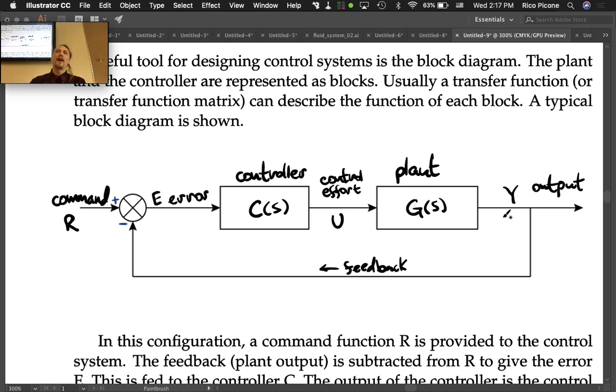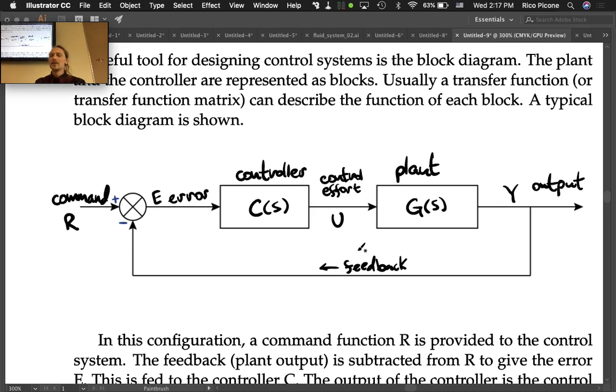So if you want to know how the system responds to some command coming in, you look at the output over the command as a transfer function, and then you can use it to predict what will happen when you put in a given command. Now, this transfer function can be derived from the three algebraic relationships defined in the block diagram.